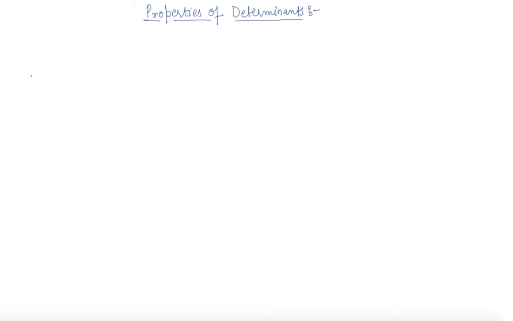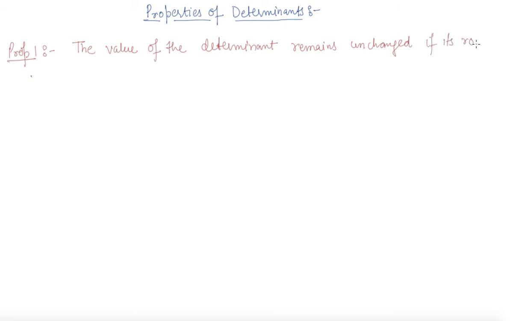I am starting with property number 1, which is: the value of the determinant remains unchanged if its rows and columns are interchanged. So this is property 1.